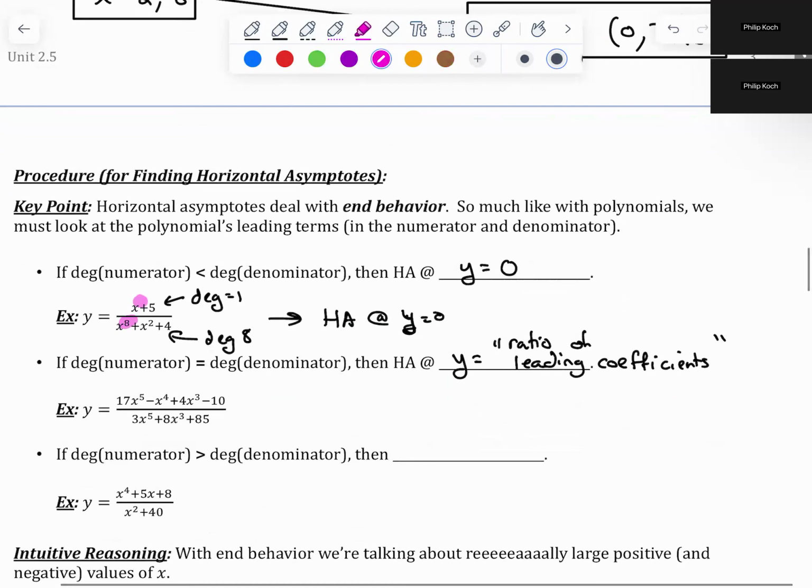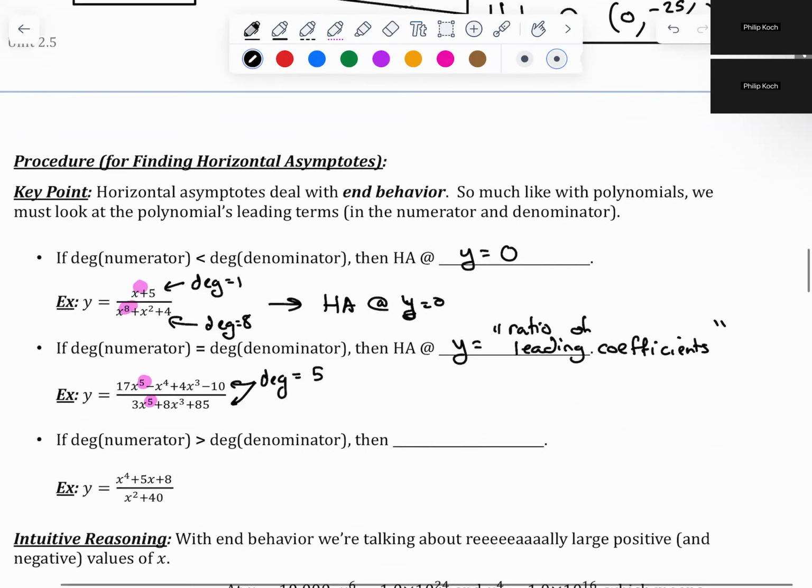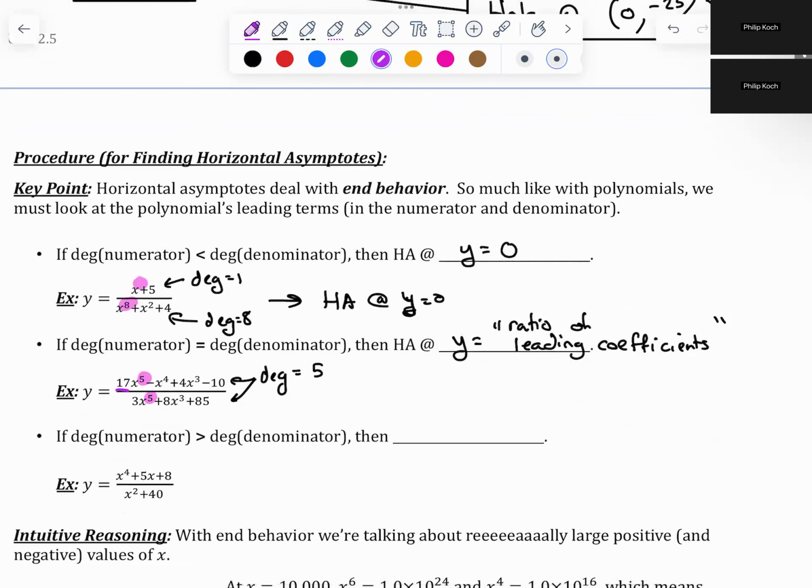So looking at this one, it's degree 5 to degree 5. They're both degree 5. And so we look at the leading coefficients to determine that there's an HA at y equals 17 thirds.